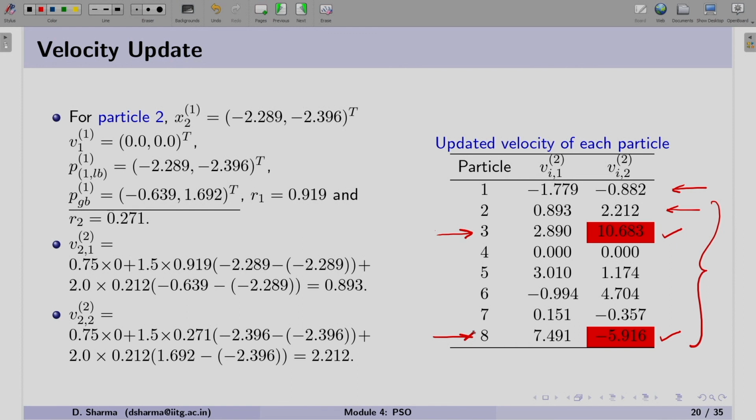So, these two components show that when we perform the row operations to calculate the velocity of the particle, one or both of the components can go beyond the limit of the variables.